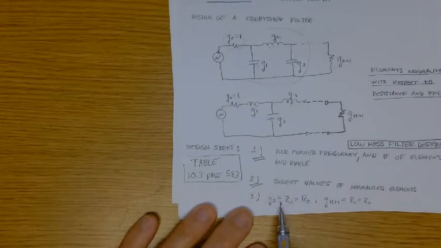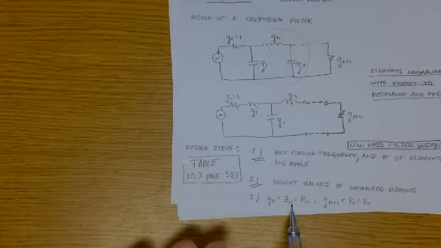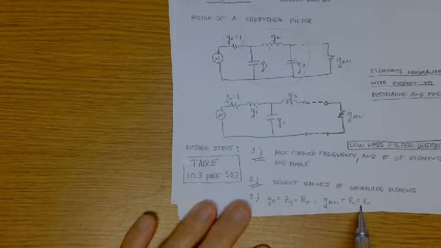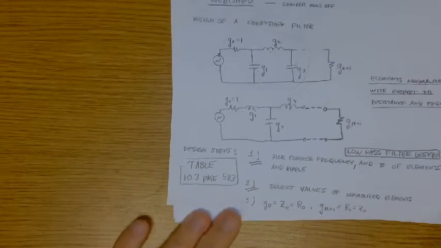In fact, in everything that we do here, it's going to be 50 ohms. Does it have to be? No. You can adjust for other values should that be more appropriate for your particular application. So G0 and G sub n plus 1 are going to be our characteristic impedance that we're working with, or, in our case, 50 ohms.